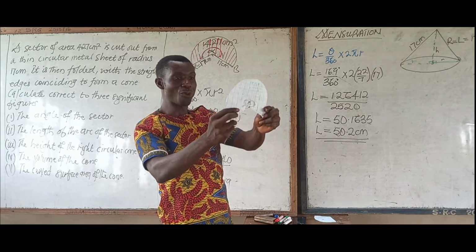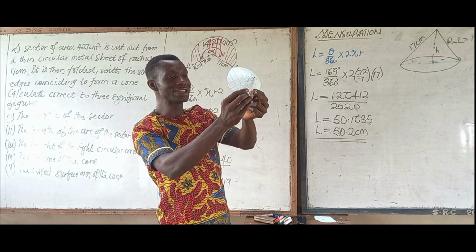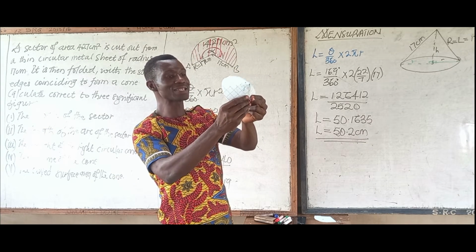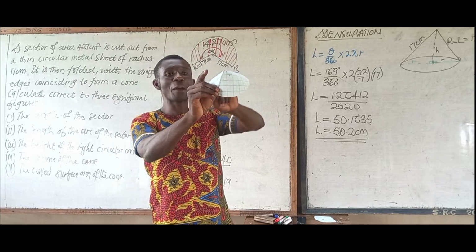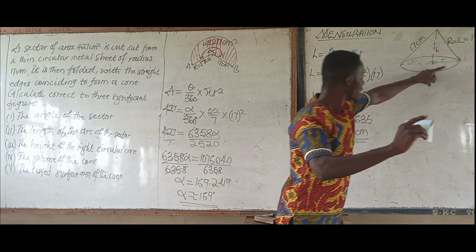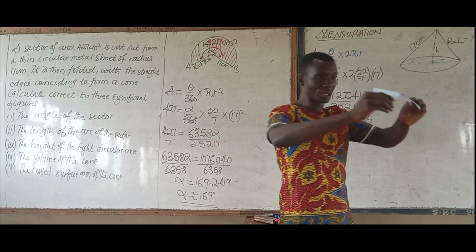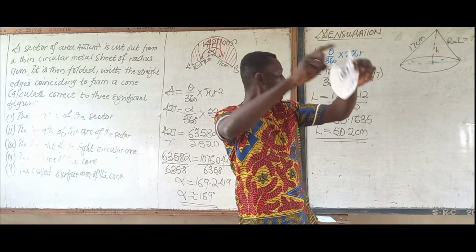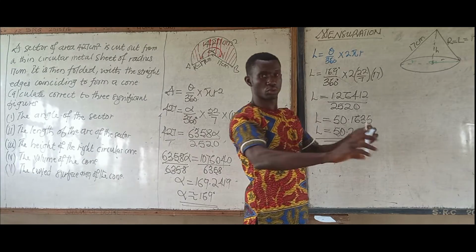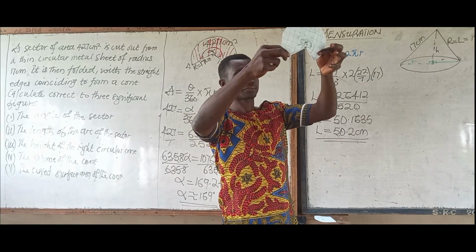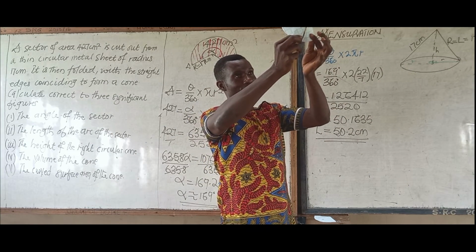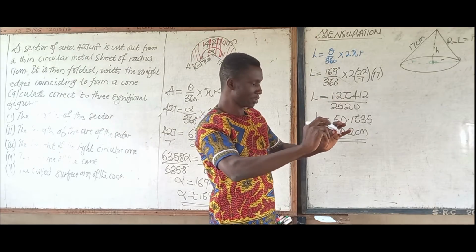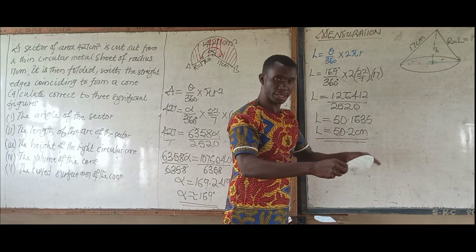When I fold it, the length of the arc becomes the circumference of the base of the cone. You should look at it. This is the length of this arc. What is 50.2? Let me fold it. You see? Let me fold it.